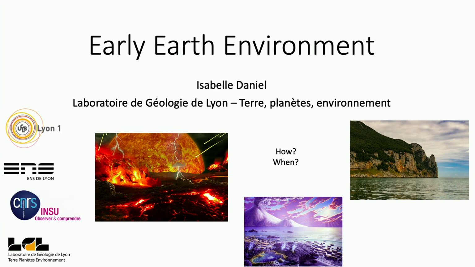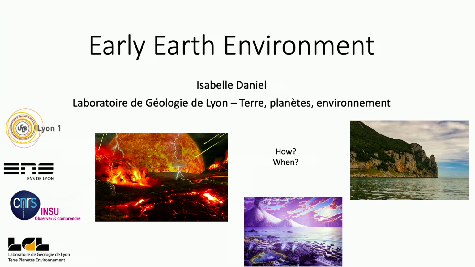So this was the very beginning of the Earth, a few million years after the Earth formed, probably less than 100 million years to go from this state to this one. The exact timing could be a little debated if we go into the details of the different environments. Probably the stromatolites weren't there.